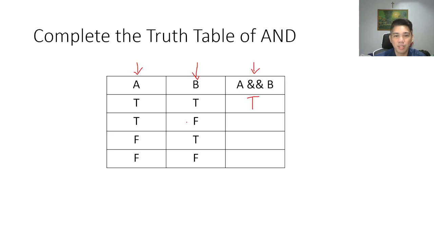But if at least one statement is false, we have a false here, a false, and two falses. The answer to those are false. So again, the only way for an AND logical operation to become true is if all statements are true.